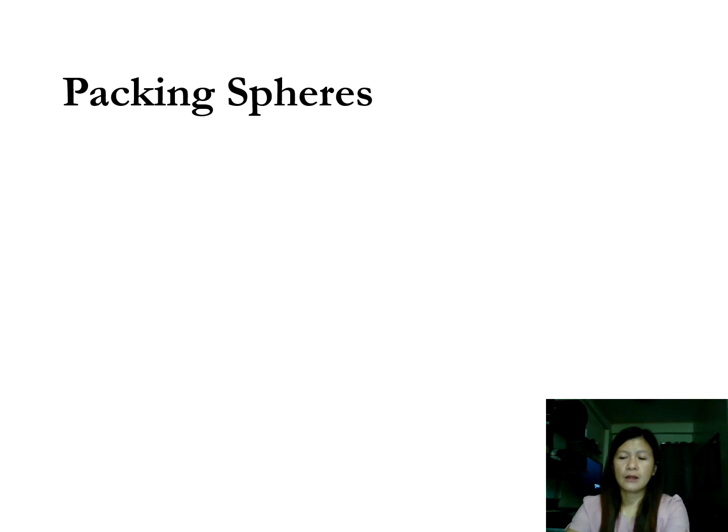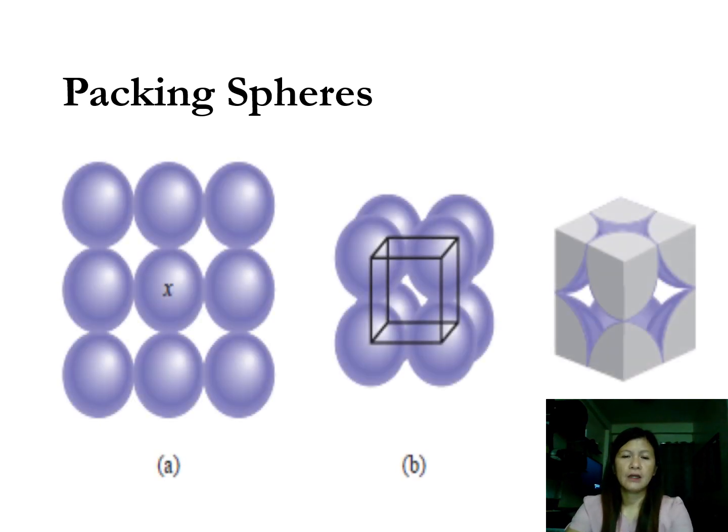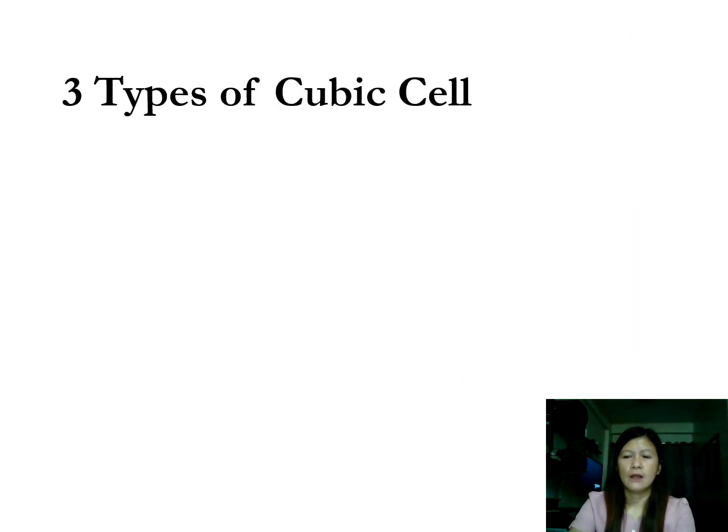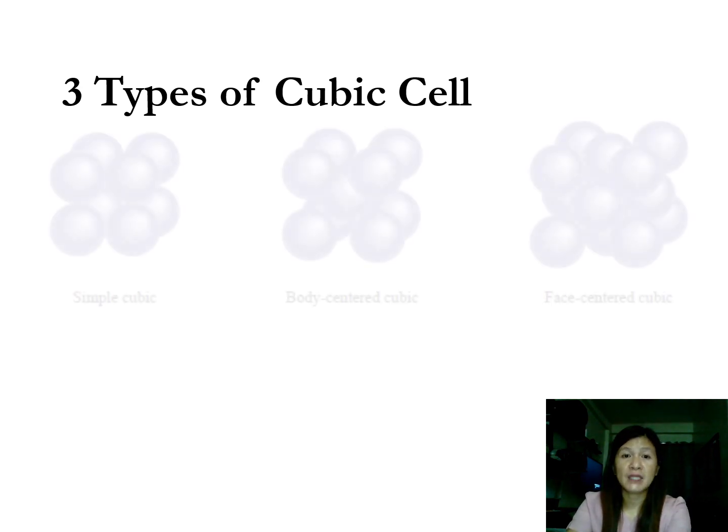For the packing of spheres, we have the illustrations here. A gives us the top view of the atoms in a simple cubic cell. B, we have the definition, and C, the cross-section of each cell. We have 3 different types of cubic cells.